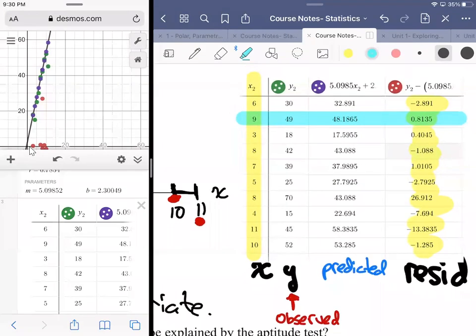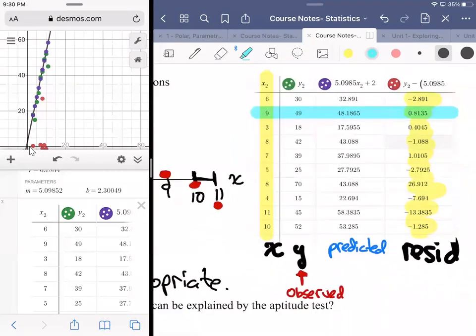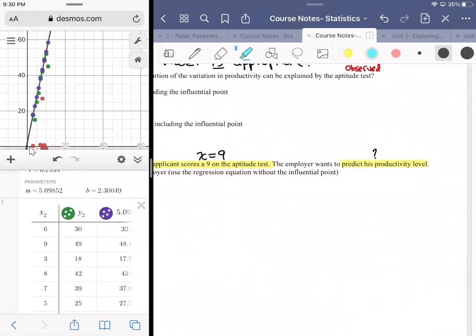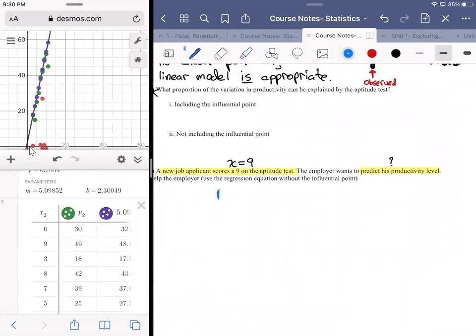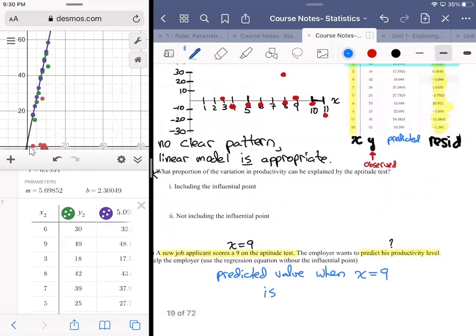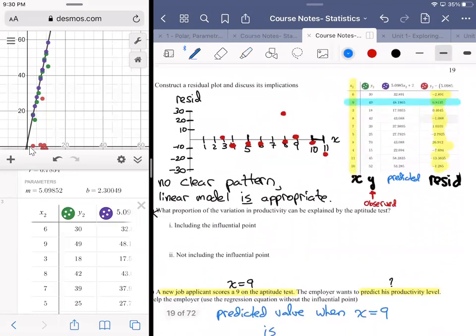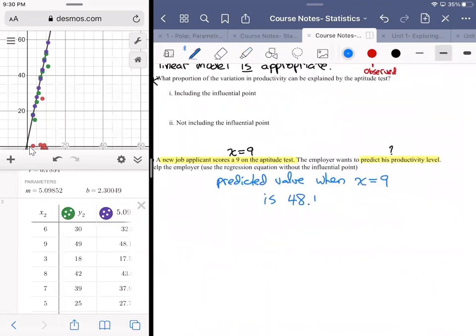So the predicted value when X is equal to 9 is, I already forgot, 48.1865. And so that's a productivity level, because we always want to answer the question that we're being asked.